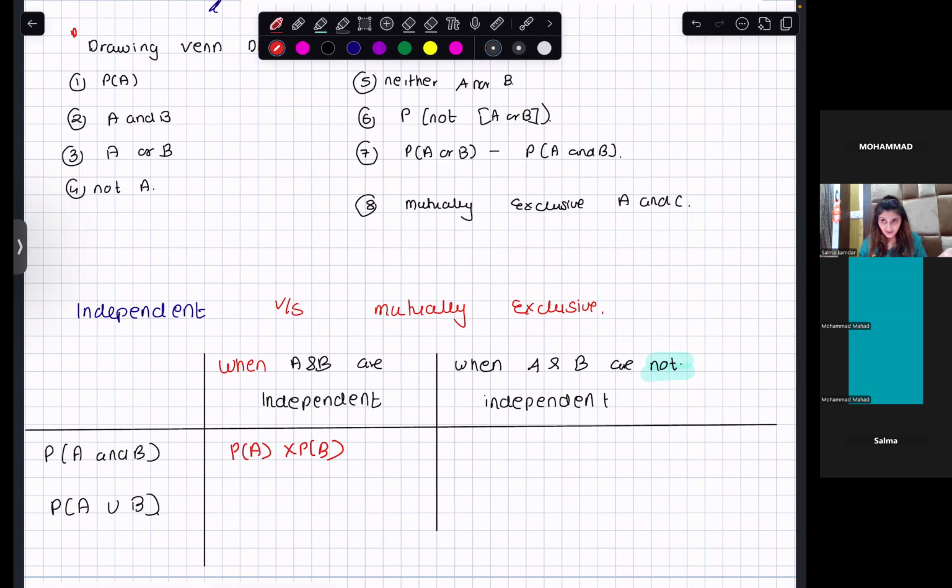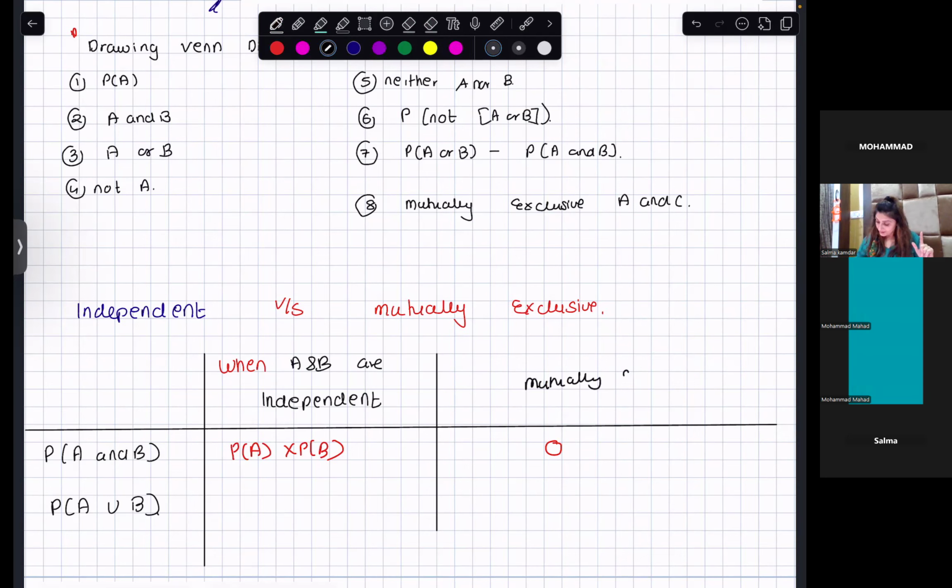But when it is mutually exclusive, probability of A and B both happening together is zero. When the event is mutually exclusive, probability of A and B both happening together is what?